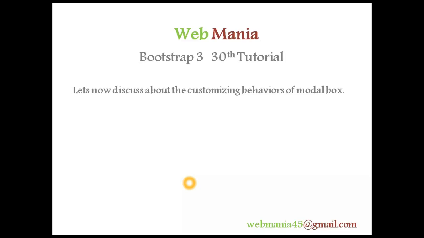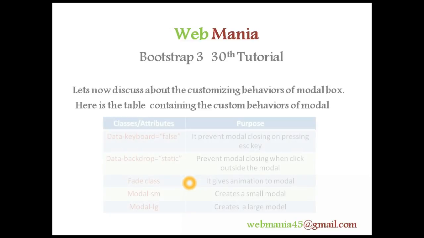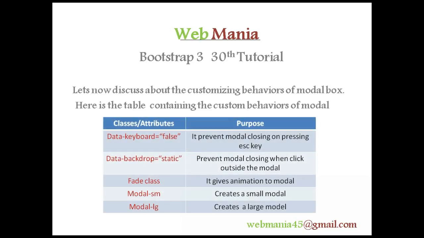Let's now discuss customizing the behavior of the modal box. And here is the table containing the custom behavior of modals. This is data-keyboard false. This attribute is used to stop closing on pressing the escape key. As I told you, when we press the escape button, our modal box vanished.